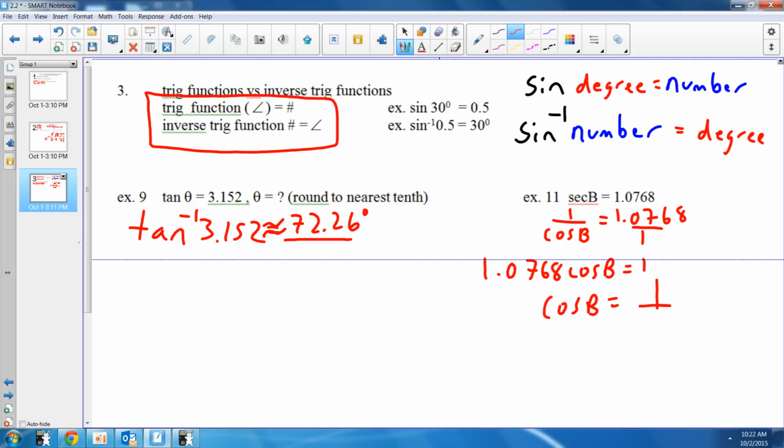Now, if you're thinking that you're too smart to have to go through all this work, you're not too smart to go through this work. There isn't anybody in the classroom that's too smart to go through all these steps. You have to go through the steps to foolproof any mistakes. At this point, we notice I want to solve for B. I do the flipping, and I turned it into the inverse function.